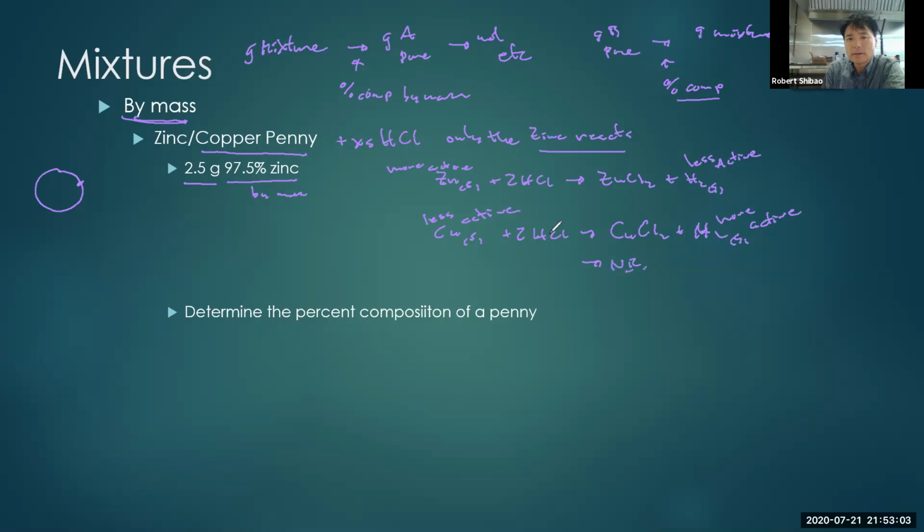This is a mineral acid, and mineral acids work with single replacement. We would need an oxidizing acid if we want to dissolve the copper. Like nitric acid, no problem. We use nitric acid, that'll attack the copper and the zinc. But if we use a mineral acid like HCl, it will attack zinc, but it won't attack copper here.